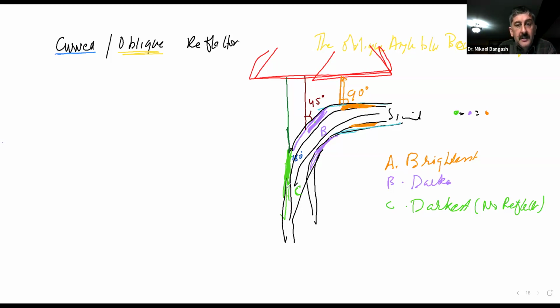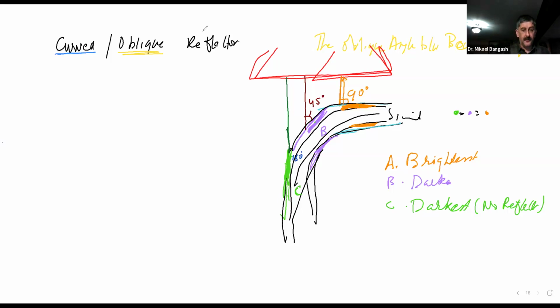Which is not real, not actual, because ideally speaking it should have been evenly bright, or evenly dark. But because it appears with different brightnesses or darknesses, that is an artifact, caused because this was an oblique or curved structure. Did you guys get that?